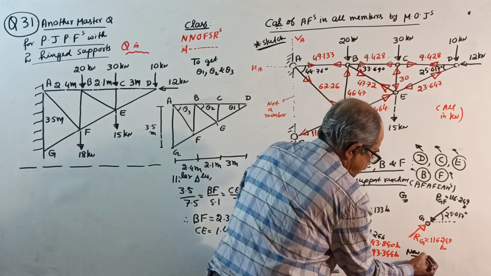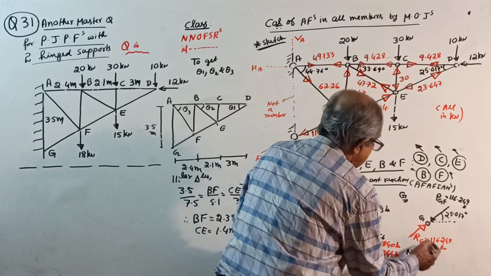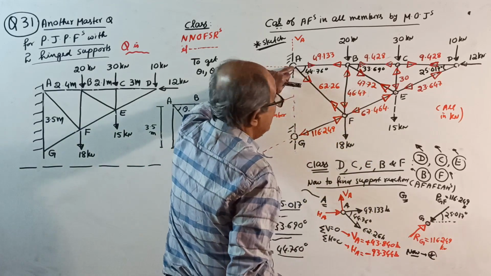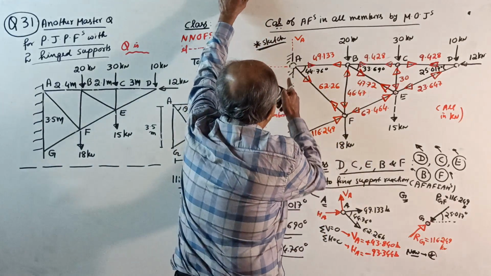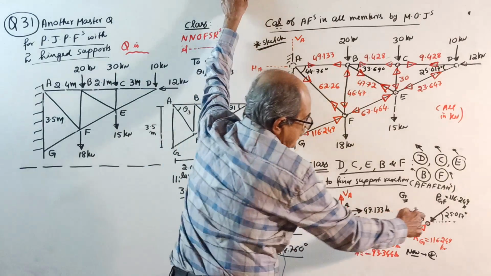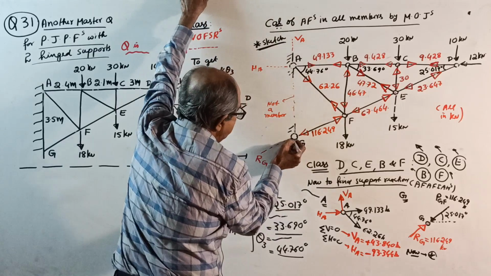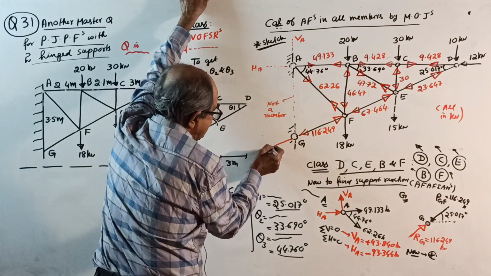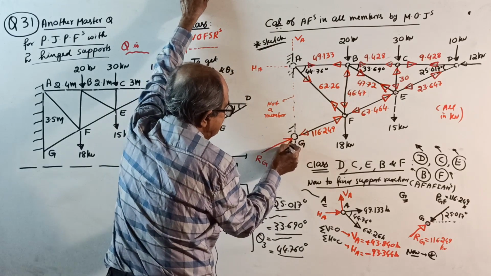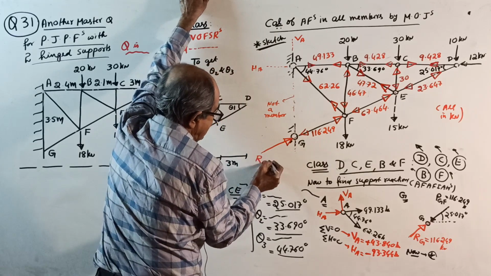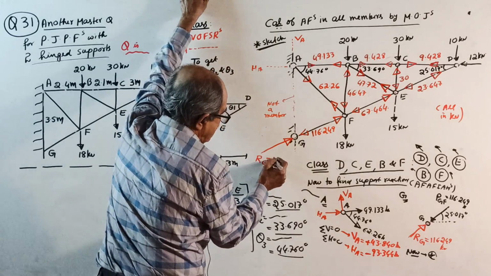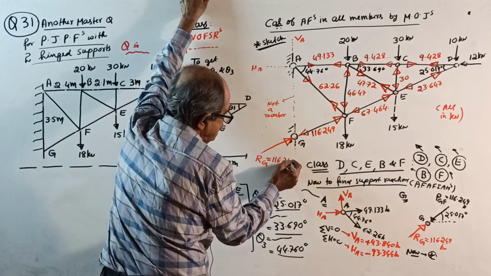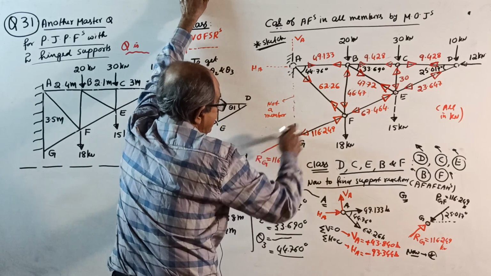Now go back to the sketch and enter that reaction here. In the beginning it was not entered. We took RG like this, in line, same line, same angle, 116.249 kilonewton this way.